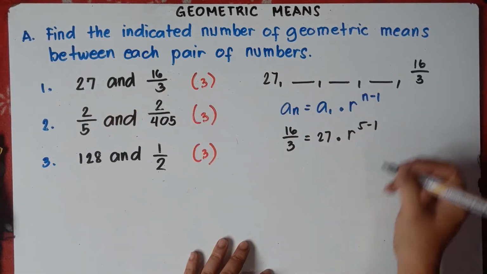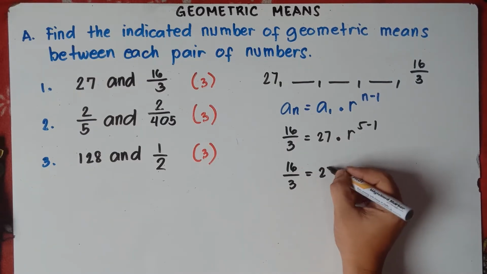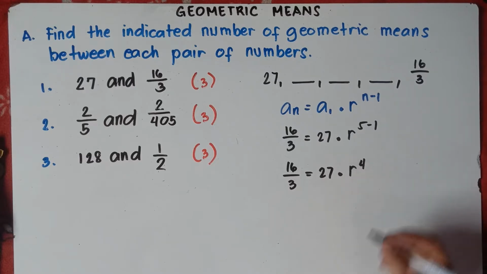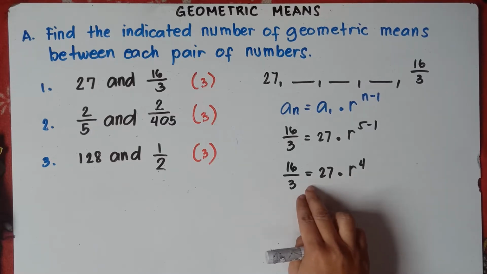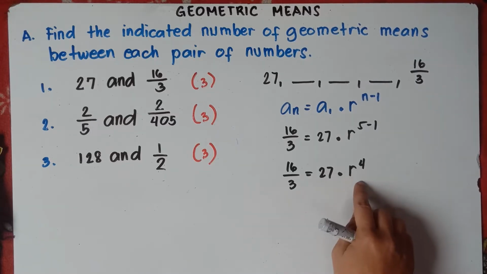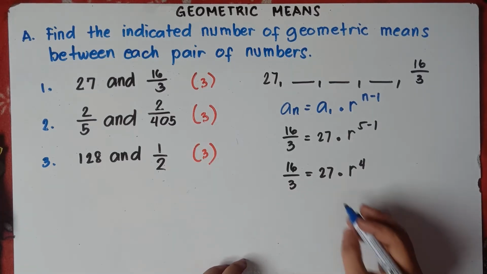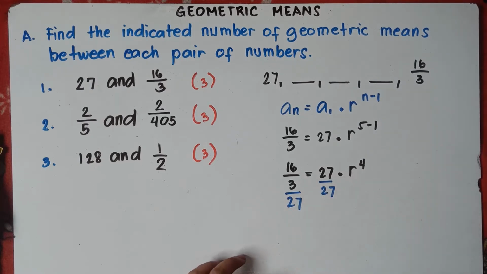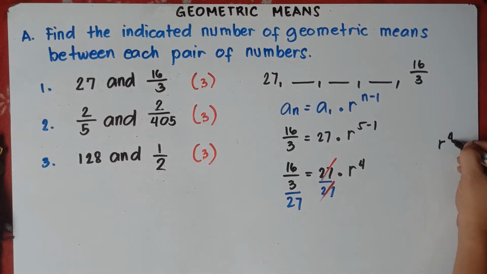So 16 over 3 equals 27 times r raised to the power of 5 minus 1, that's 4. To isolate r, so that the remaining on the right side of the equal sign is just r, we need to divide both sides by 27, so that we can cancel this one. The remaining on the right side will be r raised to the power of 4.